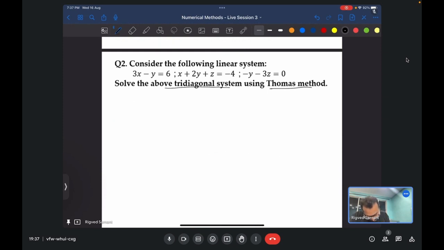So if you find the A augmented B, what is A augmented B here? 3, minus 1, 0, there is no z so 0, 6; 1, 2, 1, minus 4; x is not there, 0, minus 1, minus 3, 0.